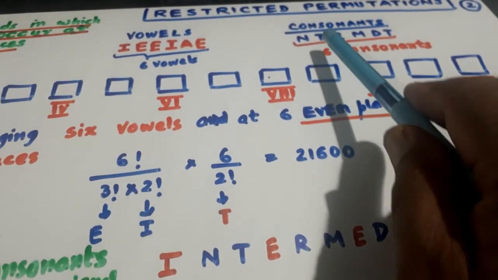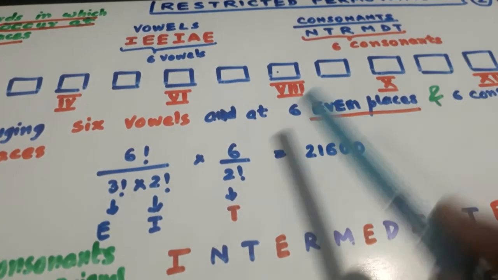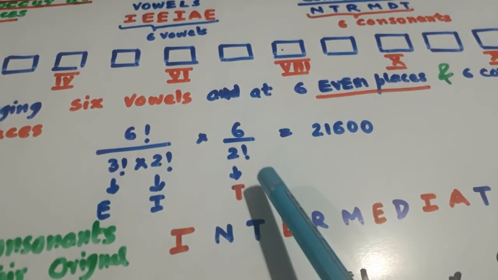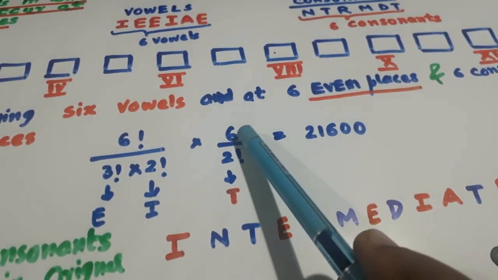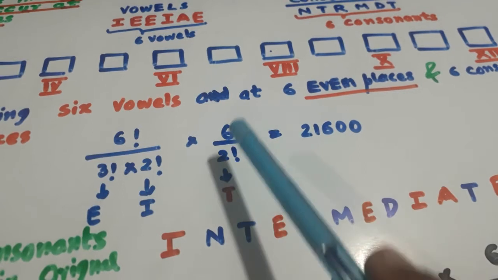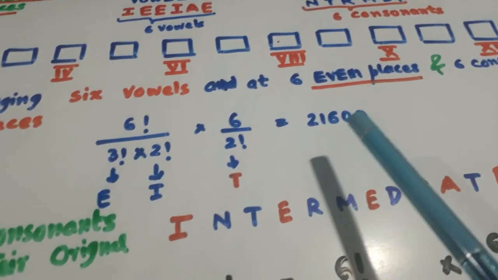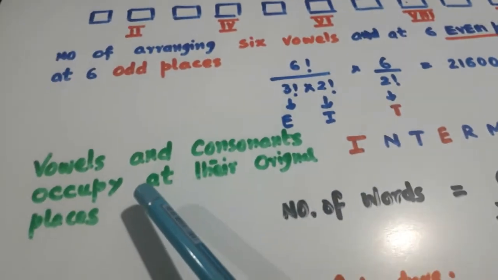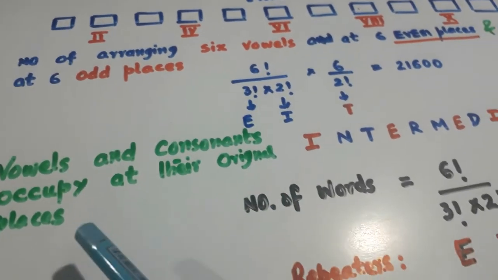It is having 2 T. Look here. These are the remaining ones, consonants. 2 T are there. So 6 factorial over 2 factorial. So this comes 21600.